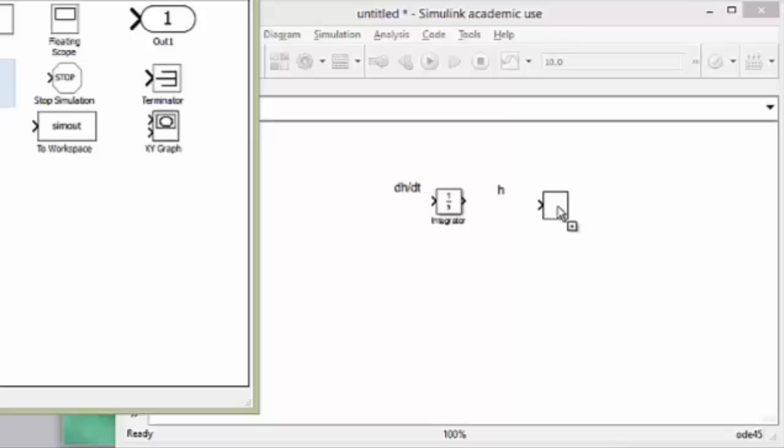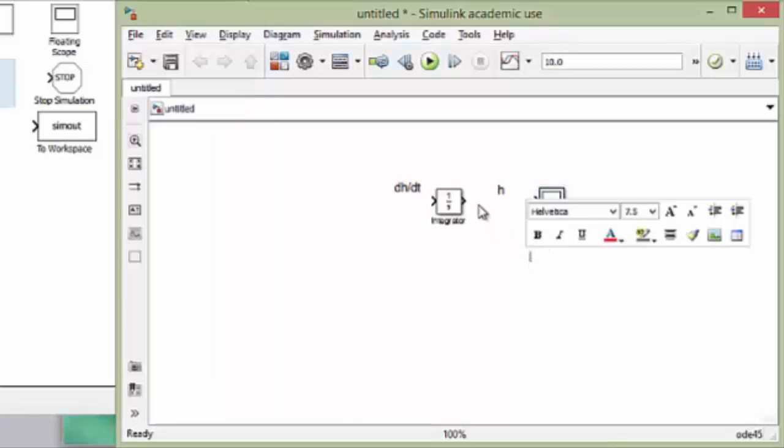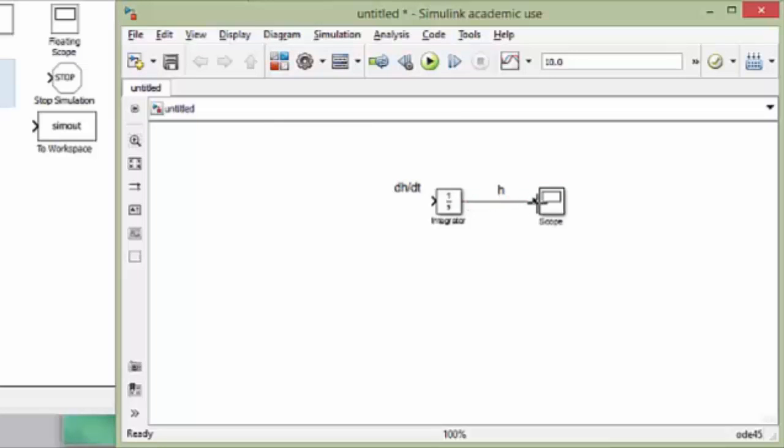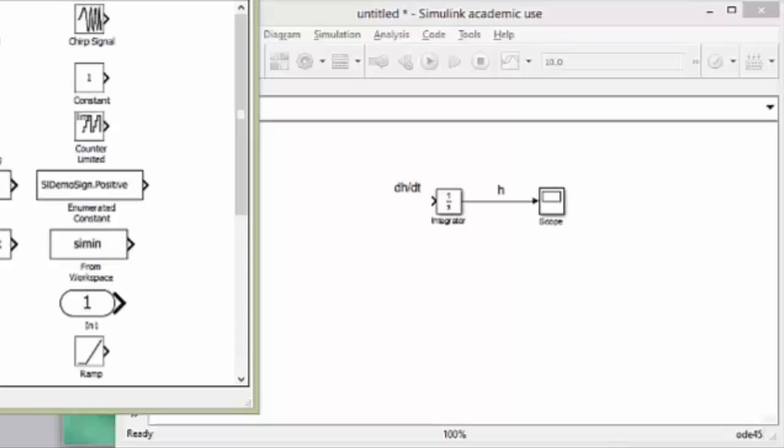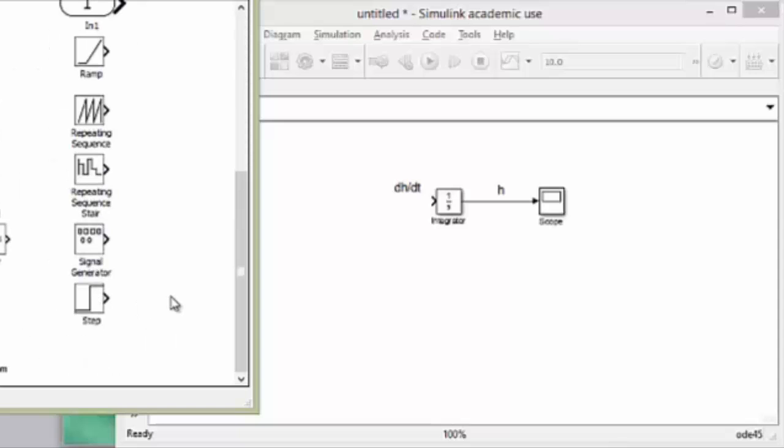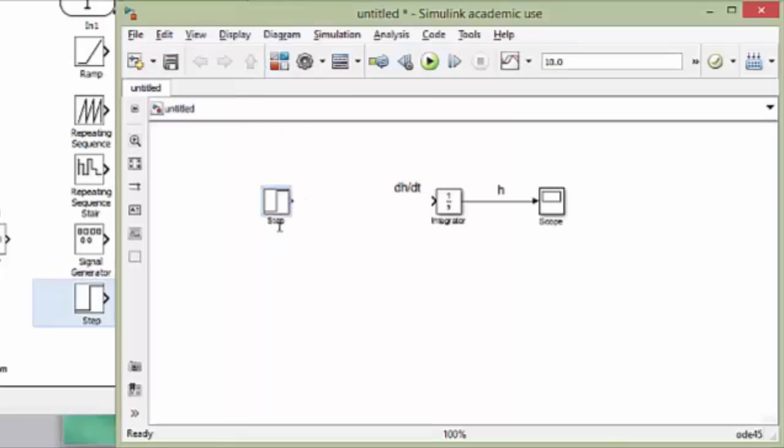Now our objective is to observe how the process variable is changing. So I'm connecting this integrator output, which is the process variable, to the scope, and then we are taking an input for this setup. So the input for our single input single output case is a flow rate, so qi.